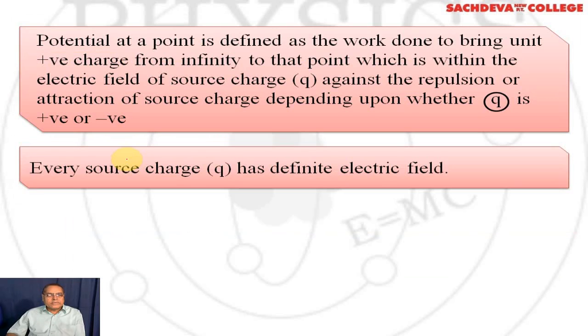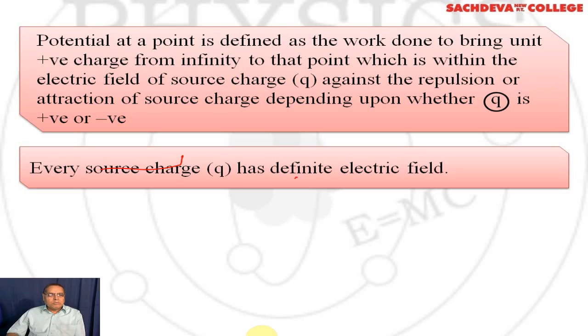Potential at a point is defined as the work done to bring a unit positive charge from infinity to that point, which is within the electric field of source charge Q, against the repulsion or attraction of the source charge, depending upon whether Q is positive or negative.